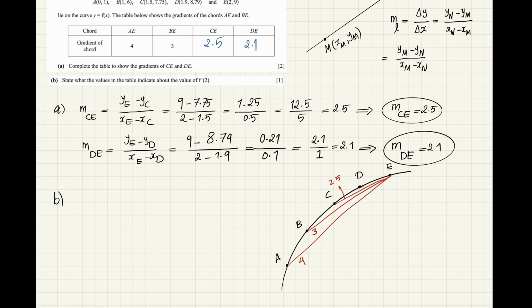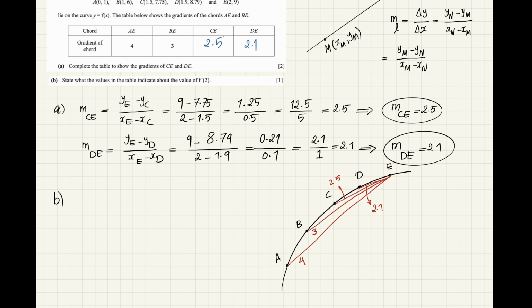And finally, for chord DE, we found 2.1. So we already see that for these red chords, the gradients are 4, 3, 2.5, and 2.1. Maybe you get this feeling that these numbers are approaching the number 2.